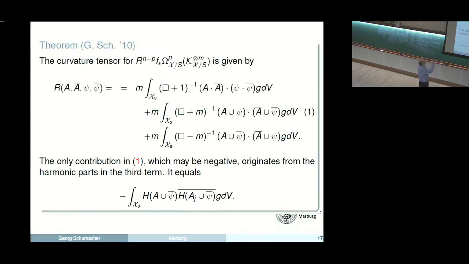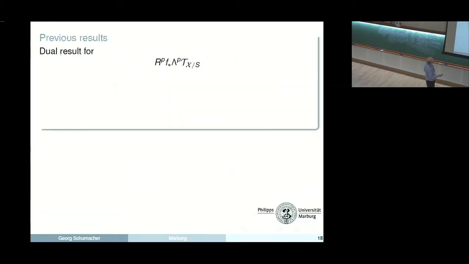First thing is by duality for m equal to 1 and changing the sign of the formula, we arrive at the result for these bundles here. And for those, previous results exist. So Scott Wolpert gave the result for dimension 1 and p equal to 1.